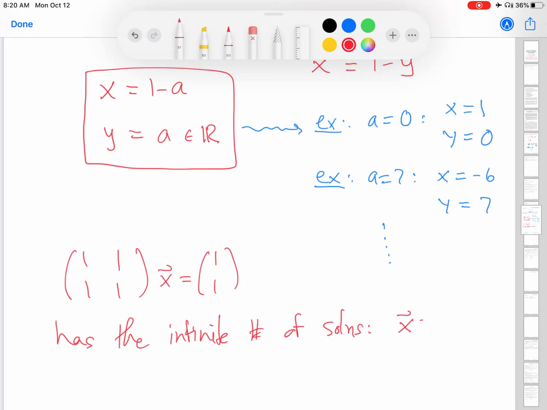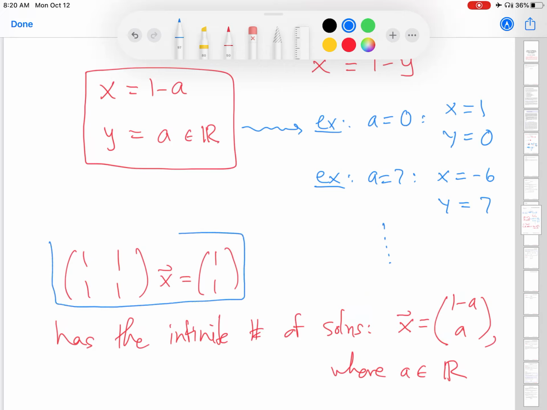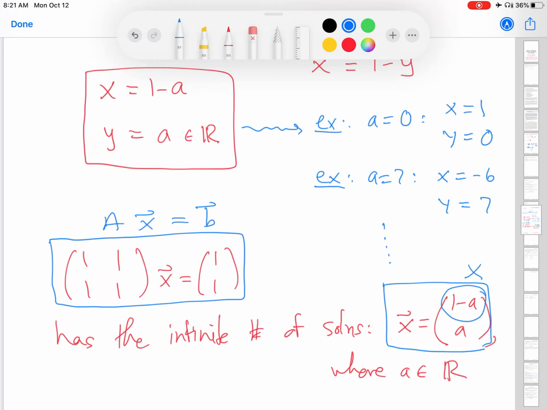I'm going to write this now in vector form: x equals (1 minus a, a), where a is in R. I just wanted you to see all of this written in full vector form. So that is the system in vector form, Ax equals b. And this is the solution in vector form. This is what we were talking about as x. This is what we were talking about as y. And then this is what tells you that you have an infinite number of solutions, because again, you can pick whatever real number you want and a solution will be generated.